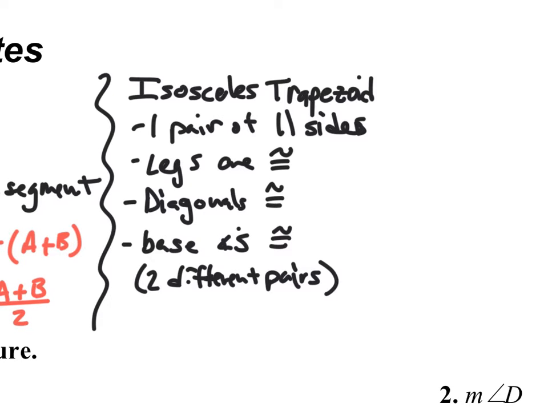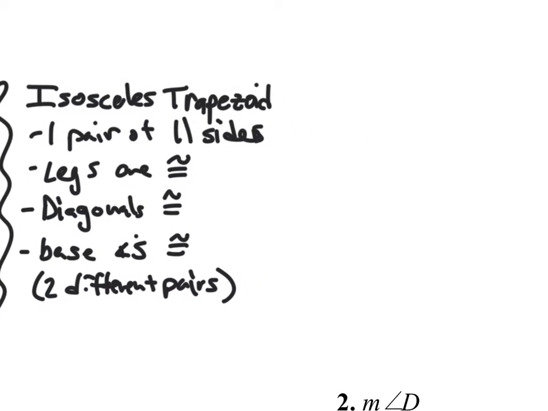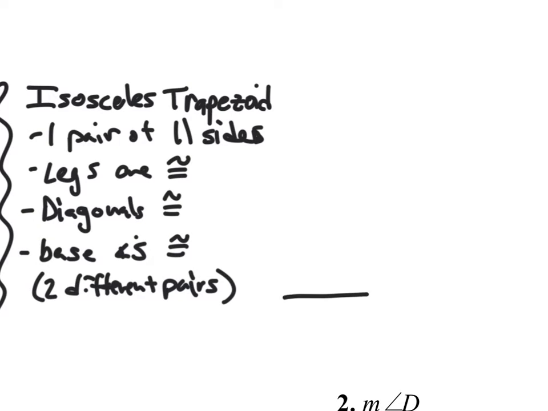Okay, and I want to draw a quick picture of what an isosceles trapezoid looks like. So what I would have is a base like this, and then legs that come up that are congruent, that have the same angle. I'm just sketching this, so it's not going to be perfect. And then I have my top base.